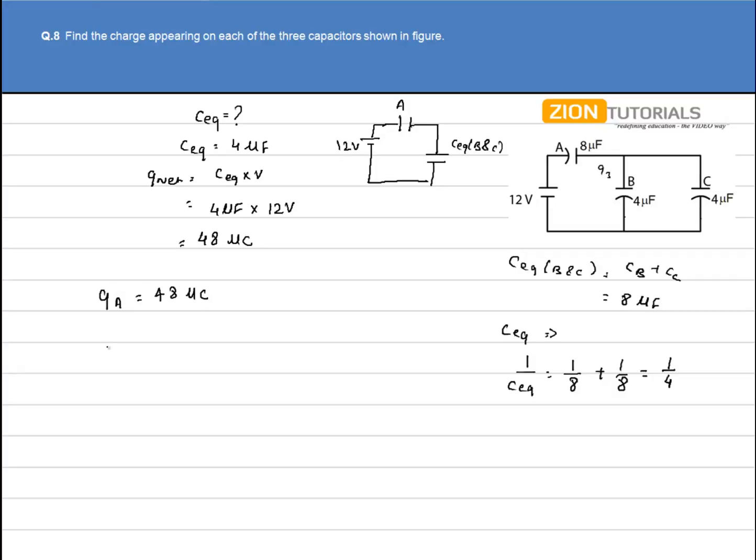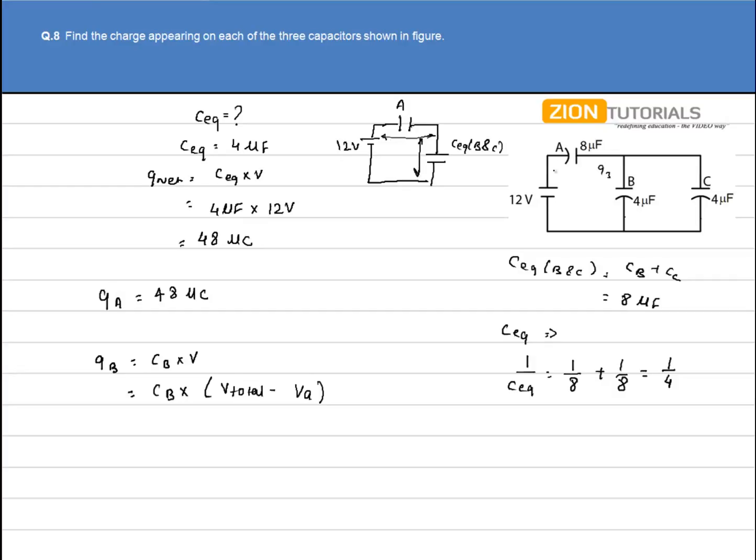Now since the voltage on both B and C will be the same, the charge appearing on them can be calculated by QB is equal to capacitance of B into voltage. This voltage will be equal to the total voltage minus the voltage drop across A, because some of the voltage will be dropped across this and some across this.